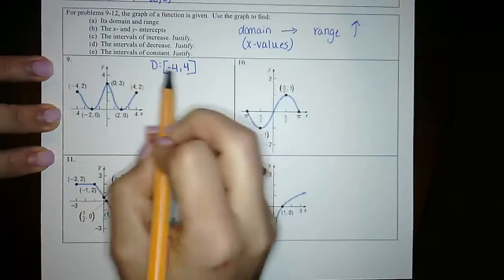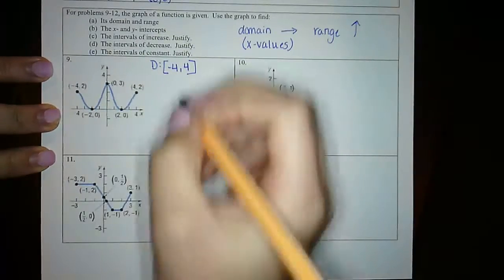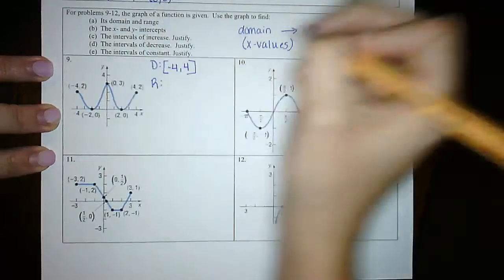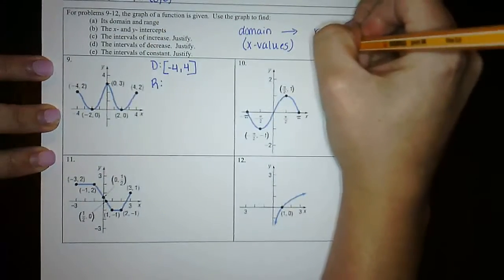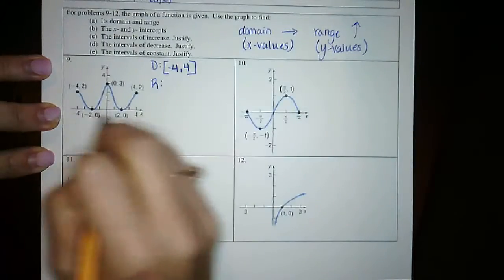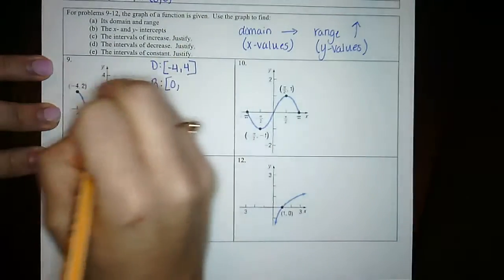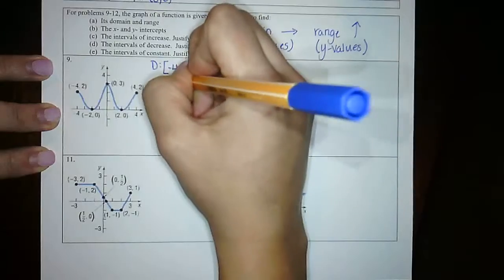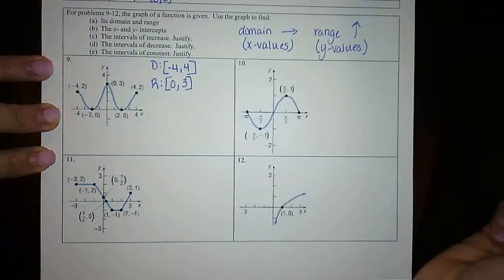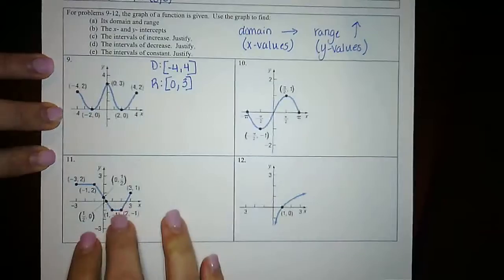It gives brackets because we can reach -4 and we reach +4. Range are your y values, and you do bottoms up. My lowest y value right here is 0. My highest y value is 3. Remember, brackets because we reached 0, we reached 3.